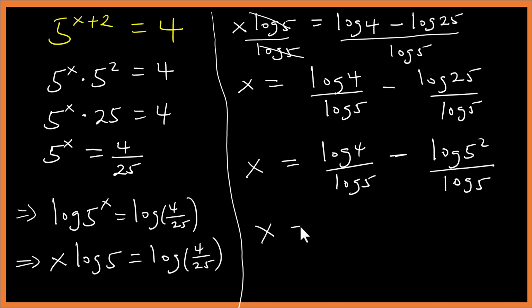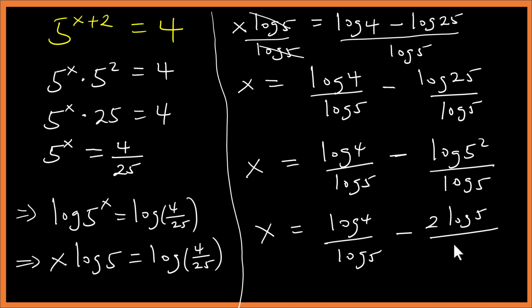so x is log 4 on log 5 minus, so remember the power rule, we have 2 log 5 on log 5.